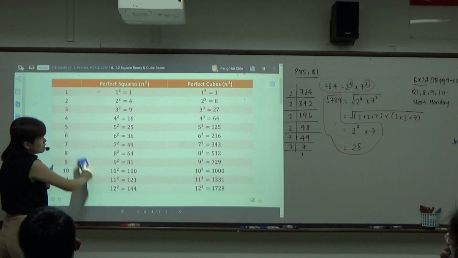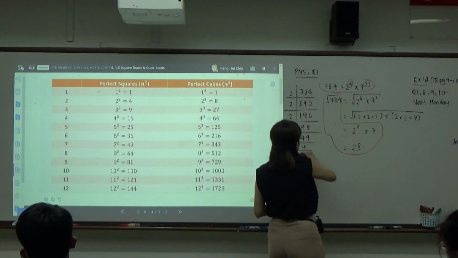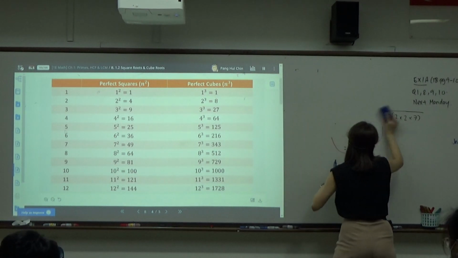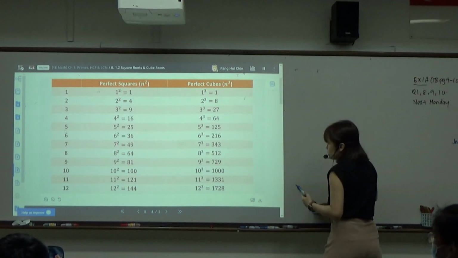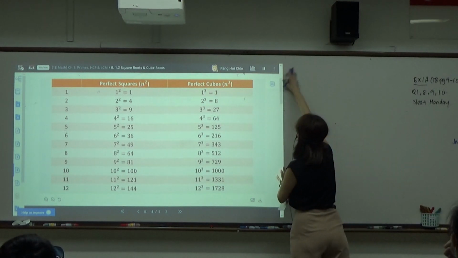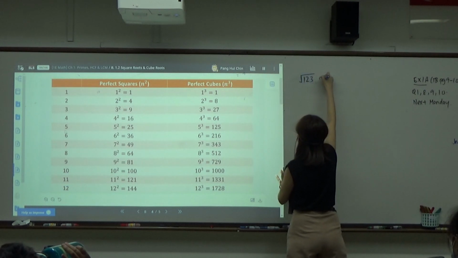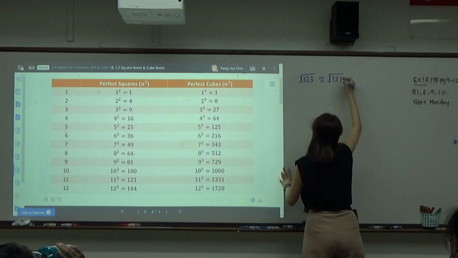So therefore, square root 123, I will estimate it to be square root 121.